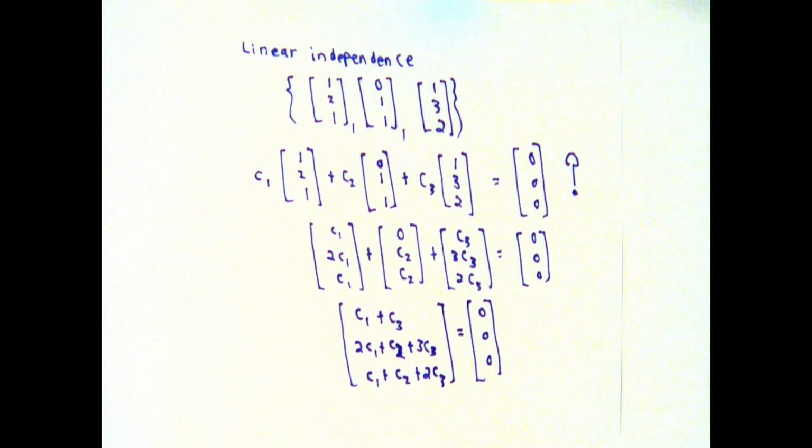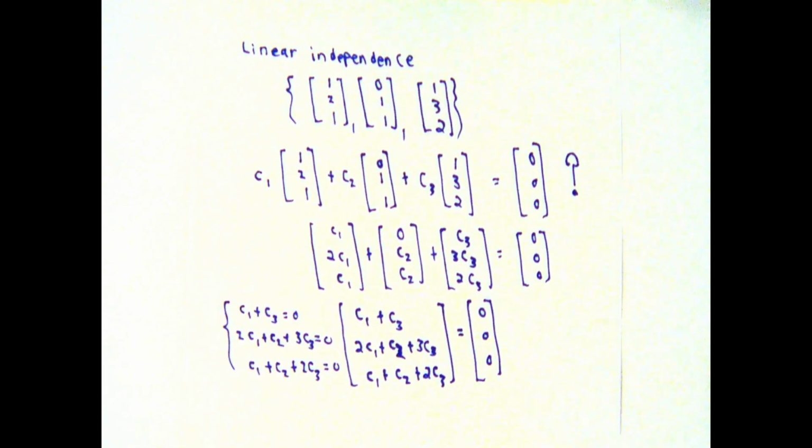If I multiply the columns by the appropriate C number and then add the resulting 3 columns together, I find out that C1 plus C3 needs to be 0, 2C1 plus C2 plus 3 times C3 needs to be 0, and C1 plus C2 plus 2C3 must be 0 as well. This is going to give me a little linear system of equations to solve.